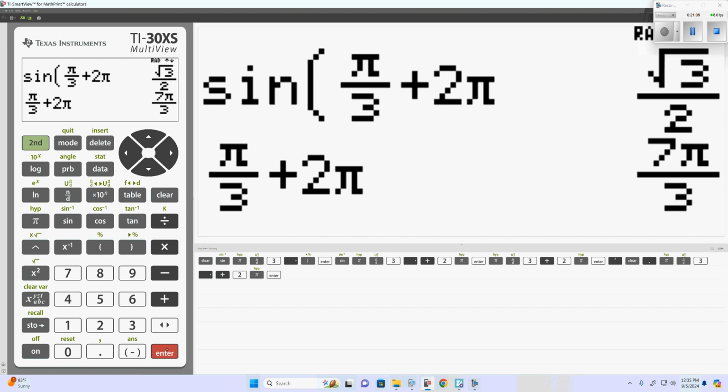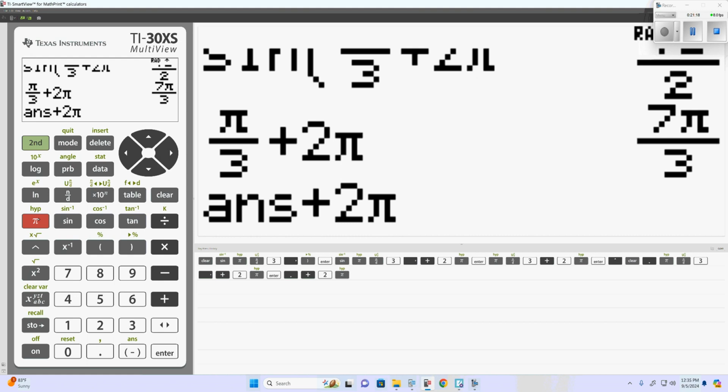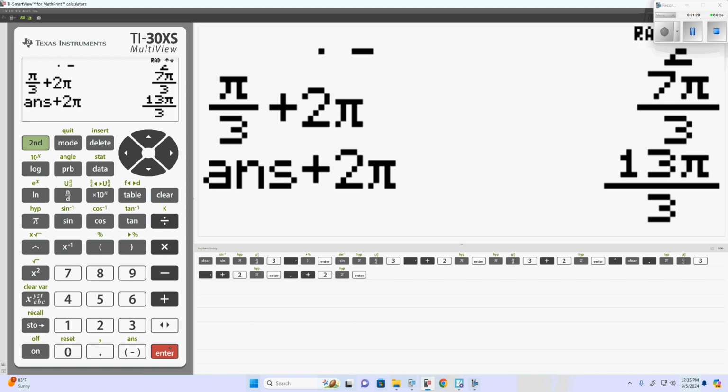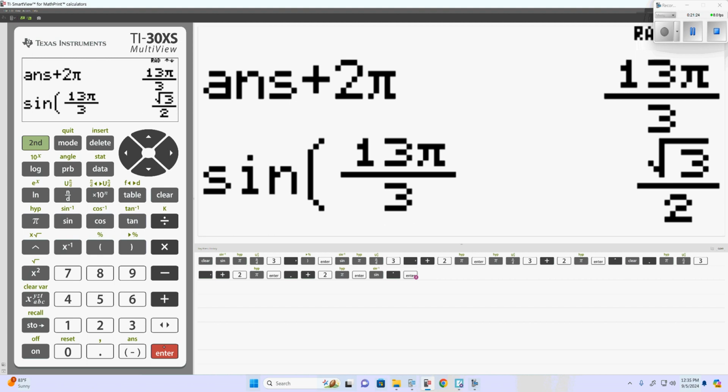So what we had, sine of pi over 3 and sine of 7 pi over 3, give us the same answer. Because all we did, add 2 pi, we go all the way around in a circle, yes? Well, that also means, well, if I add 2 pi again, 13 pi over 3. So sine of 13 pi over 3 is still square root 3 over 2.